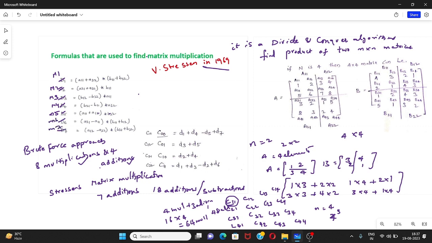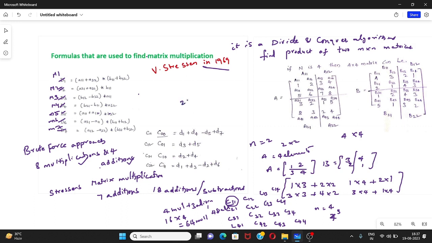So in Strassen's multiplication we have 7 multiplications, and it will take 18 additions or subtractions. Here these are the additions we have, 1, 2, 3, up to 18. So let us consider 18 additions and subtractions.